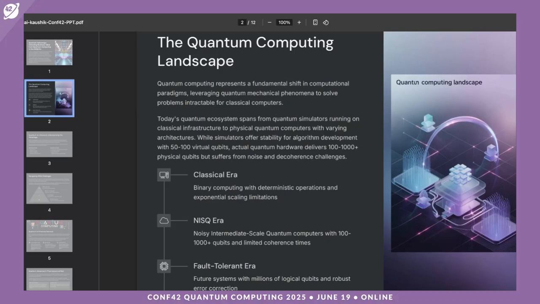So, which is exactly what we want. And in today's NISQ hardware, we have tens to low hundreds of qubits, noisy operations, and limited coherence times. Despite these constraints, creative algorithms and hybrid workflows often yield advantages on scoped problems. Again, as I said, the problems need to be scoped.